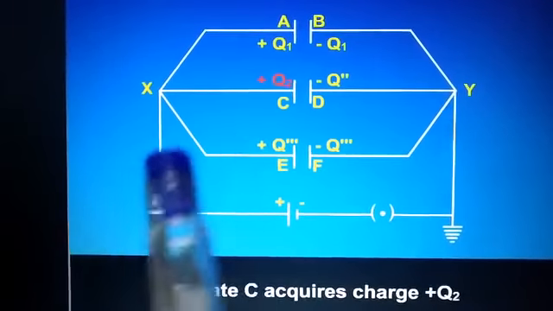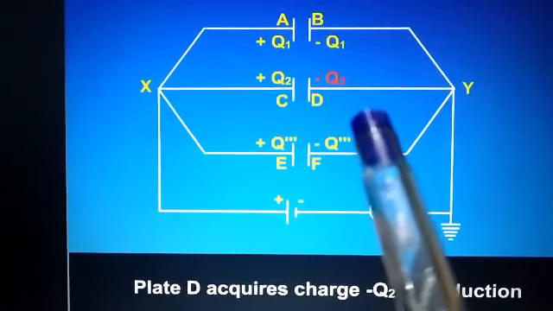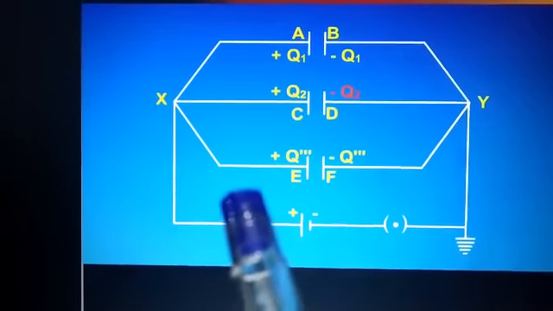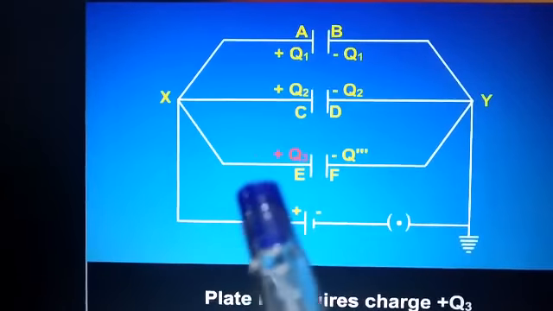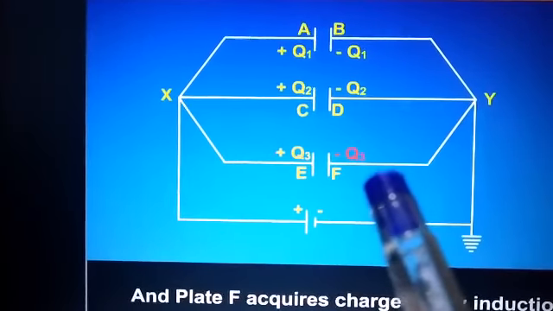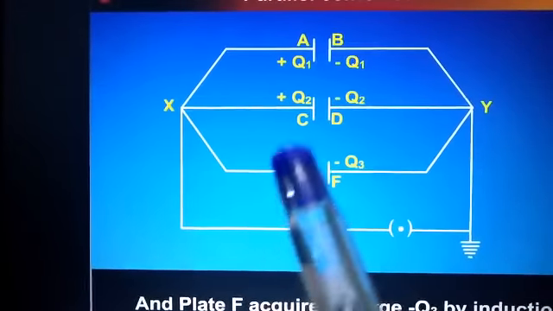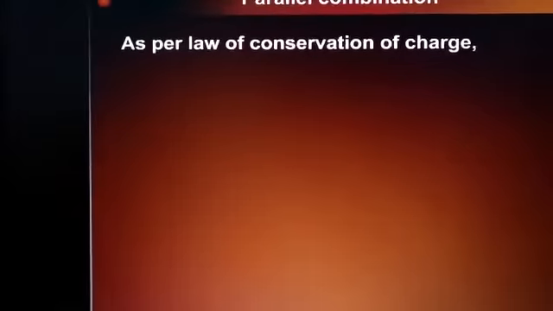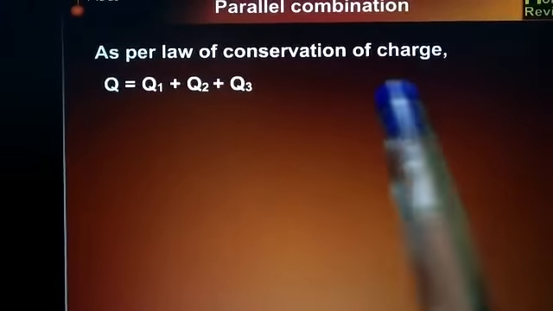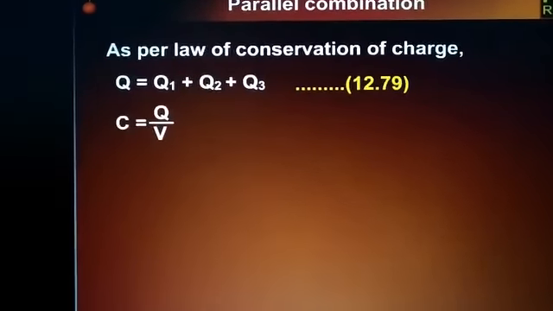Plate C acquires charge plus Q2 and plate D acquires charge minus Q2 by induction, and plate E acquires charge plus Q3 and F acquires charge minus Q3 by induction. So alternate positive and negative charges are acquired. As per law of conservation of charge, Q is equal to Q1 plus Q2 plus Q3.